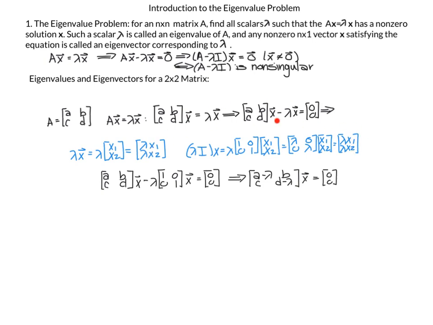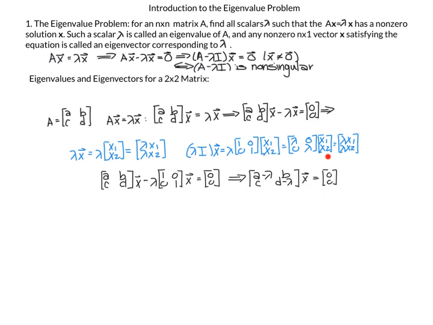So you can see that these two are equal, and now I can make my substitution. I have Ax minus lambda times the identity matrix times x equals 0. Now I can factor out my x, and I get [a minus lambda, b; c, d minus lambda] x equals 0.